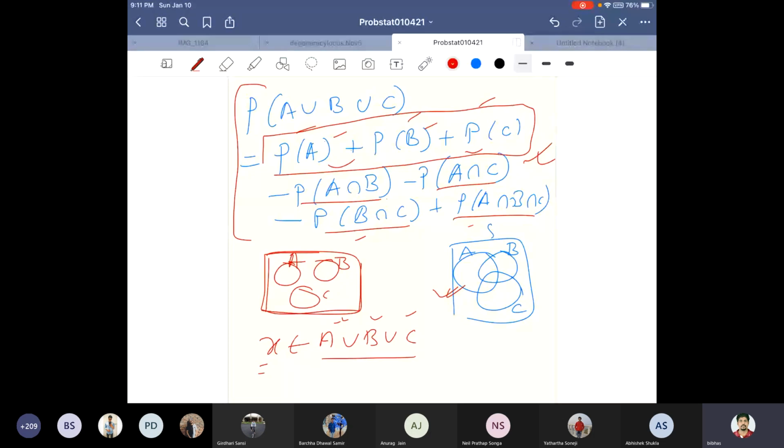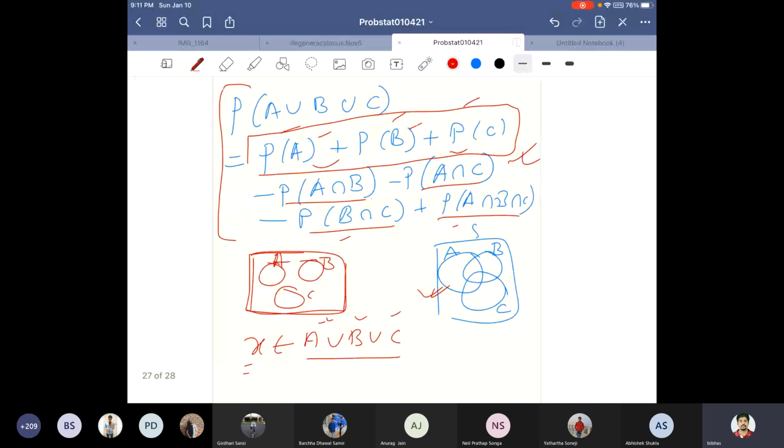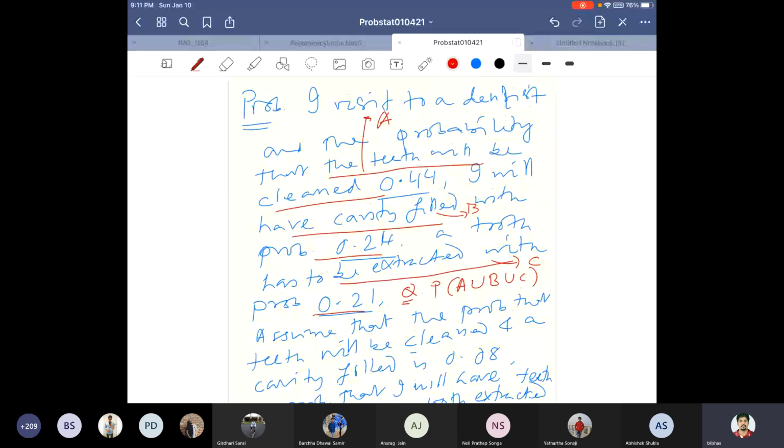You understand now? So I was trying to create a situation, a problem. For example, if you visit a dentist, you can have three possible events, and finally you may be asked what is the probability that either you have to extract a tooth, or your cavity will be filled, or your teeth will be cleaned.